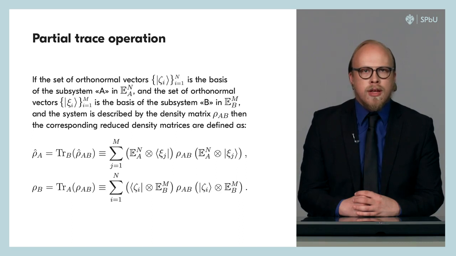Let us consider, for example, the case when systems A and B are two qubits. Let's consider the composite physical system, which consists of two subsystems, A and B. And let the density matrix of the whole system rho AB have the form of 1/2 times the matrix with rows 1, 0, 0, 1; a string of zeros; another string of zeros; and 1, 0, 0, 1.